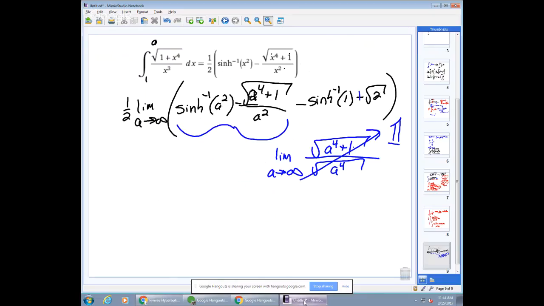Okay, it's the natural log of x plus the square root of 1 plus x squared. And our x is really an a squared, right? So now we have to determine the limit as a gets big of the natural log of a squared plus the square root of 1 plus a to the 4th.